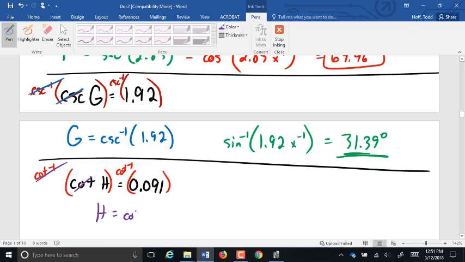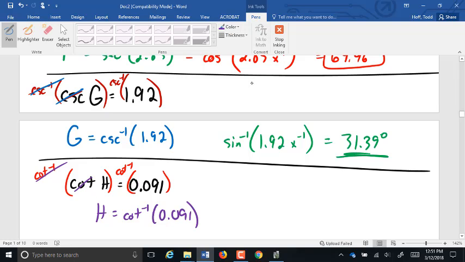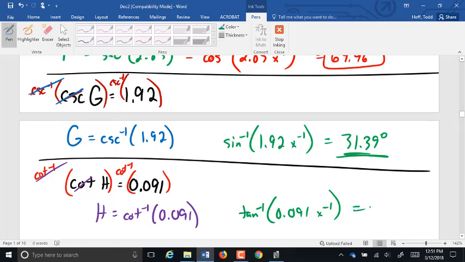So H is equal to the inverse cotangent of 0.091. But of course, the calculator doesn't have that function, so it is the inverse tangent of 0.091 reciprocaled. And I'm sure you're right. And you are, 84.80 degrees.